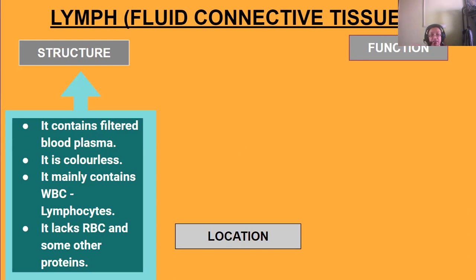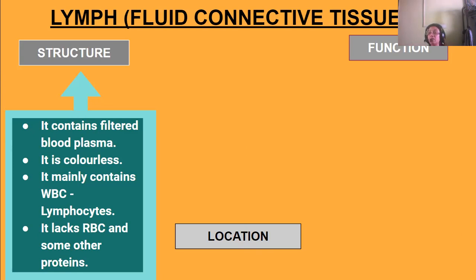It is colorless, and it mainly contains the WBCs, that is, lymphocytes are present inside the lymph. It lacks RBCs and some other proteins, so it's not red in color. The blood is red because of the presence of RBCs, which contain hemoglobin that gives the blood its red color.